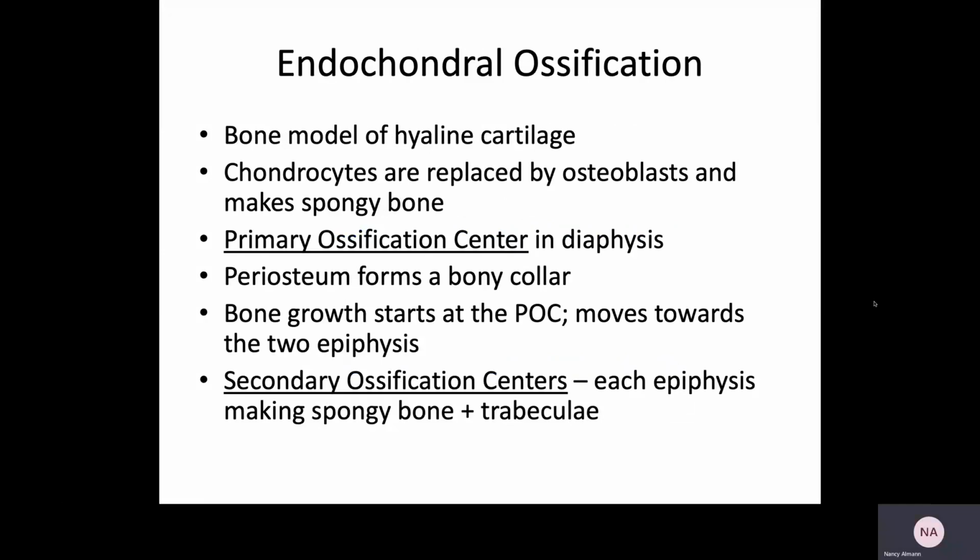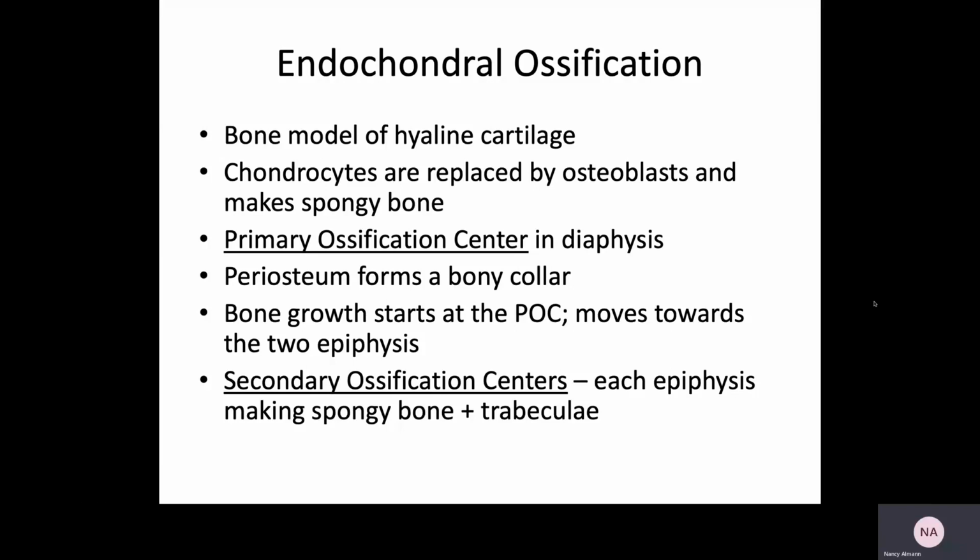So a little bit more detail on endochondral ossification. We know that there is a model or template of hyaline cartilage that has to be developed by chondrocytes. Those chondrocytes are going to be replaced by osteoblasts, who will start to create spongy bone. There is what's known as a primary ossification center in the diaphysis.